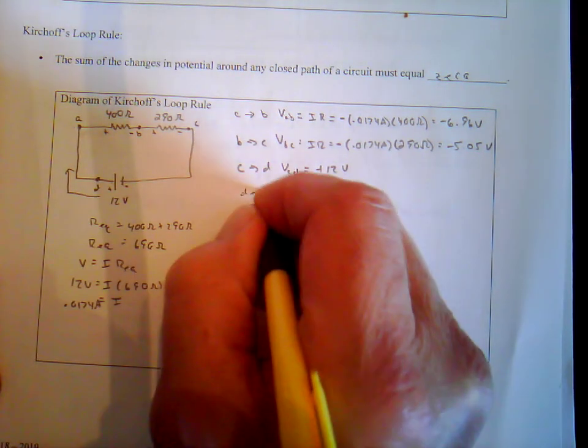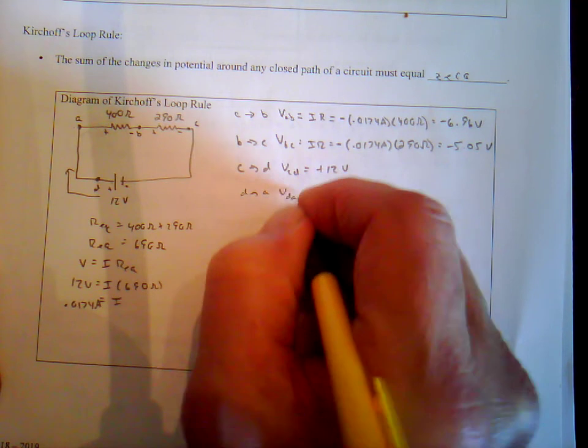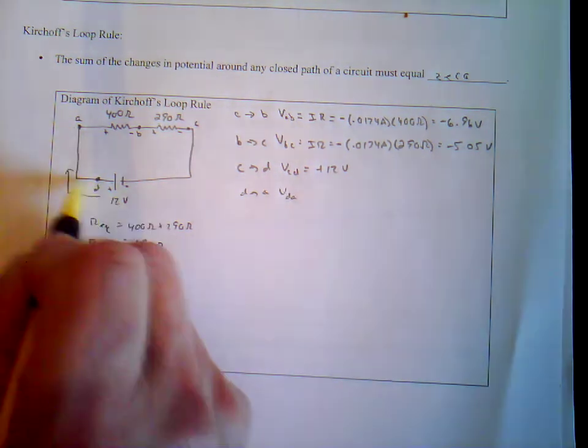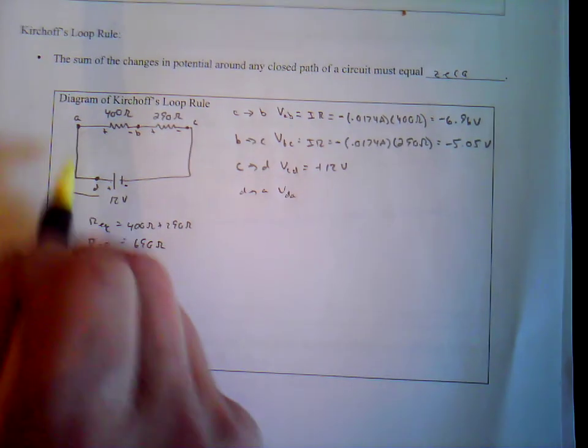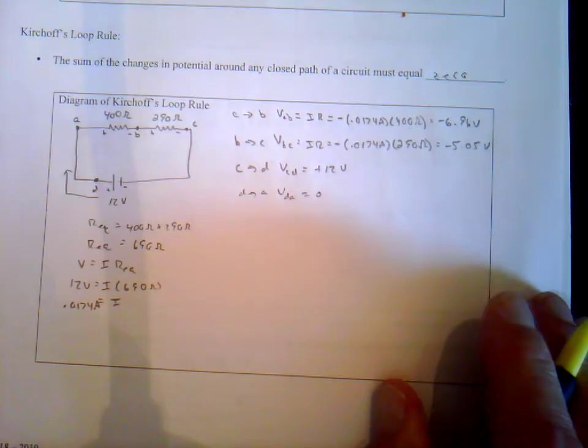Now let's go from D to A. There's no potential drop there. That's all one path. There's no battery in that path. There's no resistor in that path. So that potential drop is simply 0.